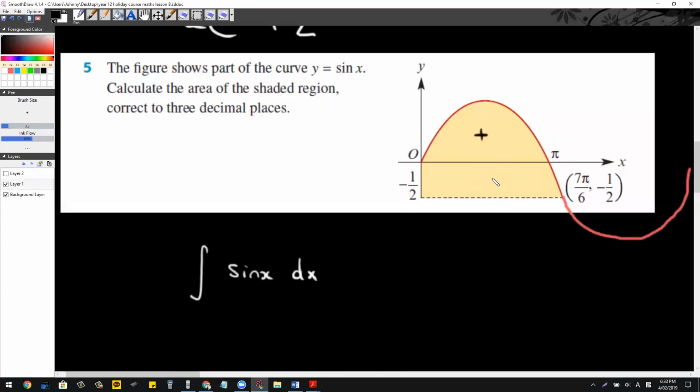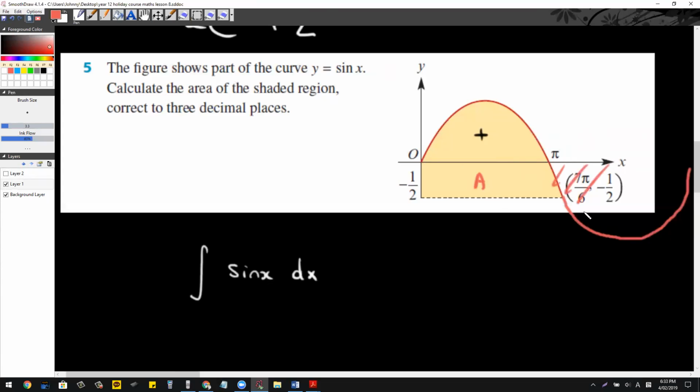So it's not really easy to do this area with just sine alone, because if you're using just the sine of x, you can only figure out the area between the curve and the x-axis. You see how this area here is not the area between the sine curve and the x-axis.